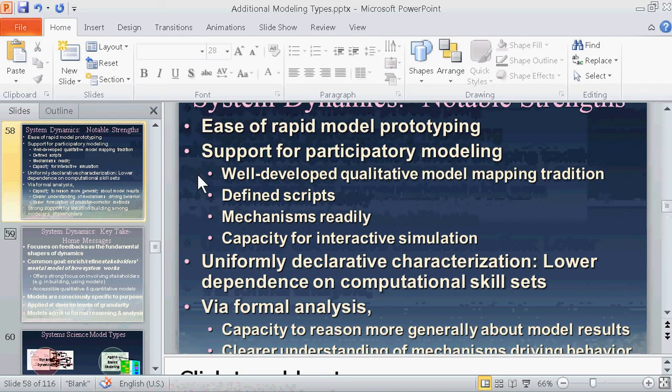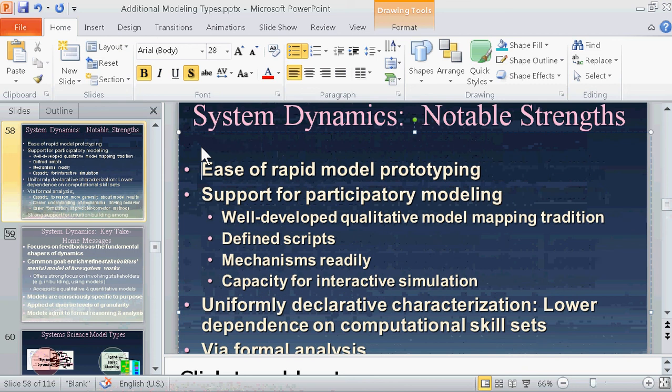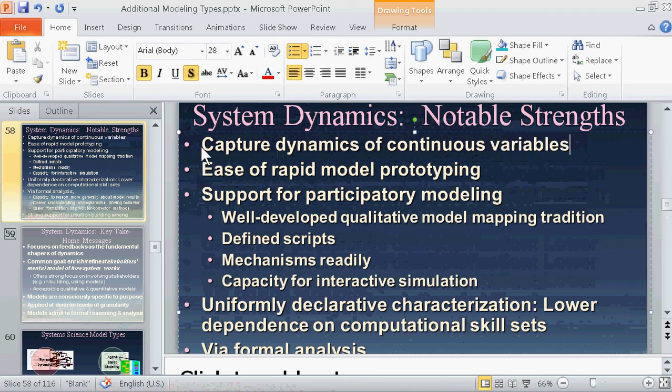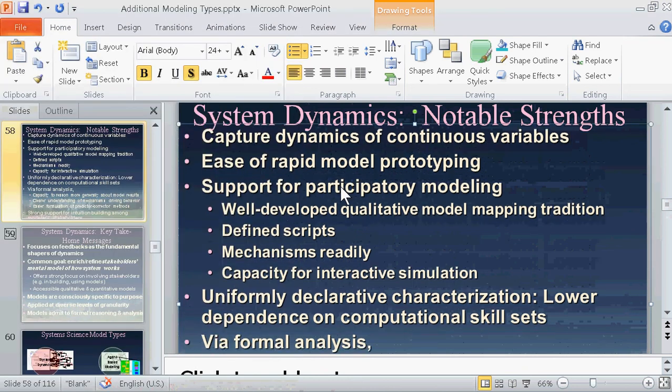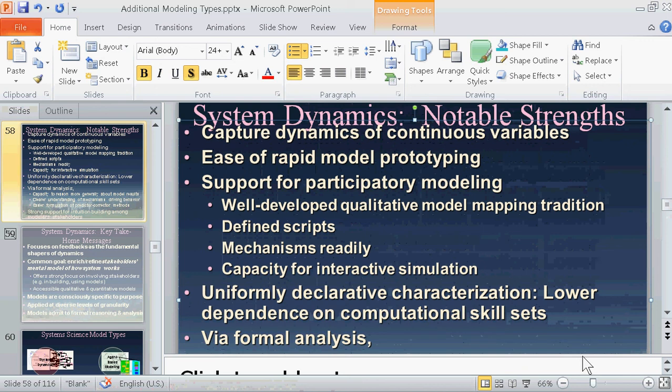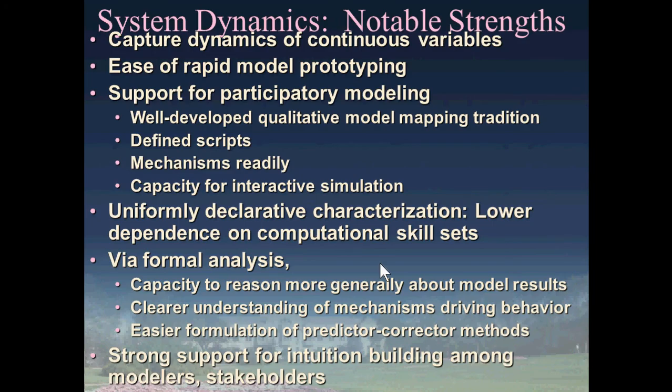It allows for rapid model prototyping. Participatory modeling has a very rich literature, and you can build a lot of your model while writing essentially no Java code. And you can reason formally about the behavior of the model. And there are tools and methodologies to help build intuition among modelers and stakeholders.